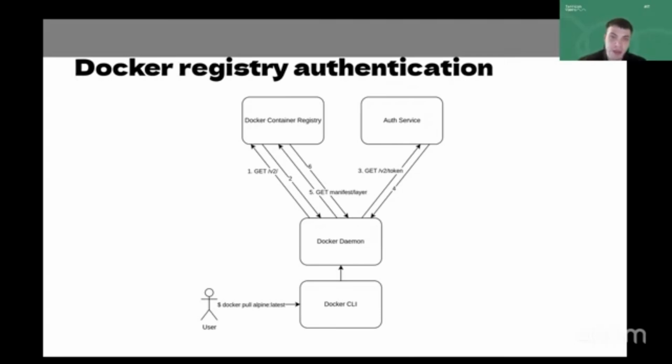The authorization service issues a token that represents the client's access rights following the format outlined in the authentication token implementation, and the client resends the original request, now including the token in the authorization header. The registry then validates the bearer token and its claims, allowing the push or pull process to proceed normally.